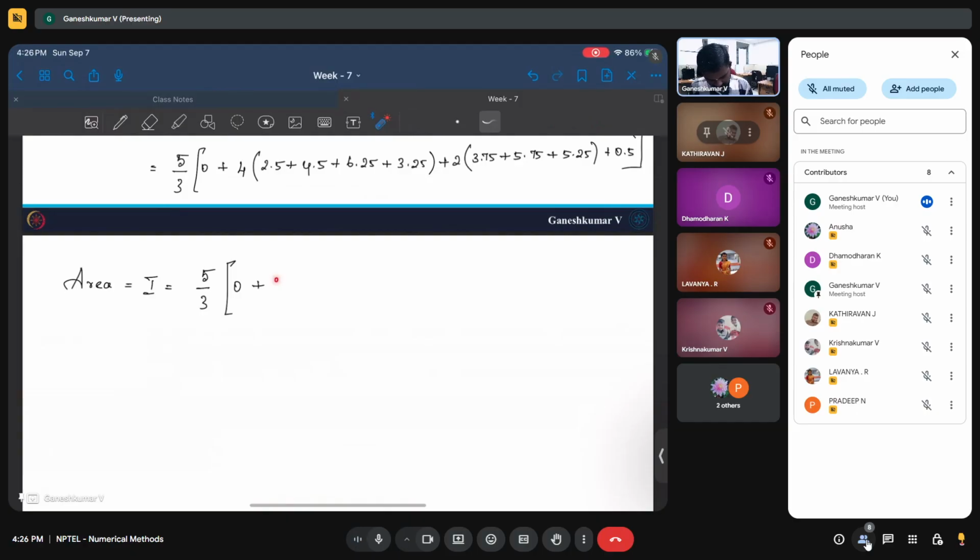So this is coming out to be 66. Please cross check my calculations. 3.75 plus 5.75 plus 5.25 into 2. This is coming out to be 29.5 and this is 0.5.